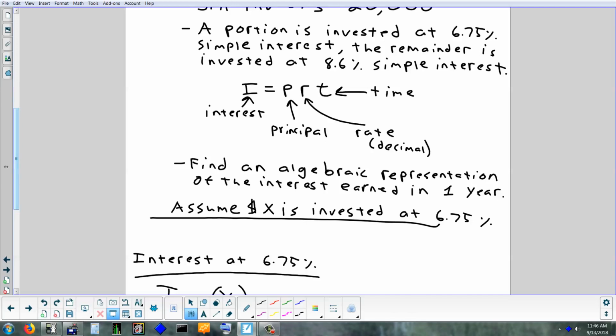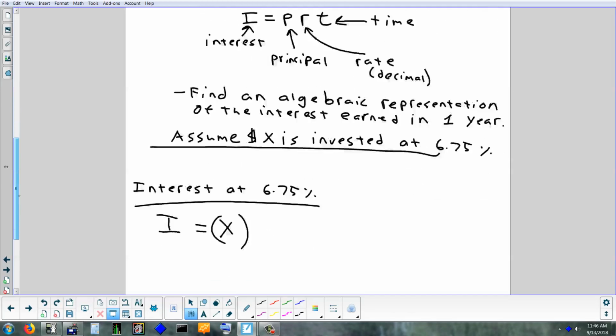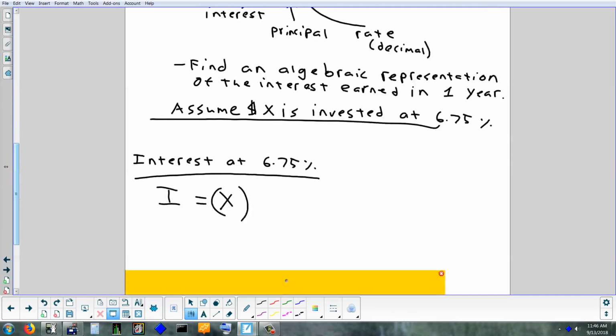Decimal. Yeah, it's got to be a decimal, so not a percent. So how do we change 6.75% to a decimal? Divided by 100. Yep. And if you divide that by 100, what do you get? 0.0675. Let's move it 2 places to the left.